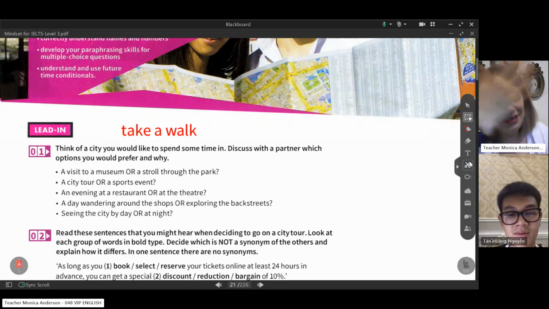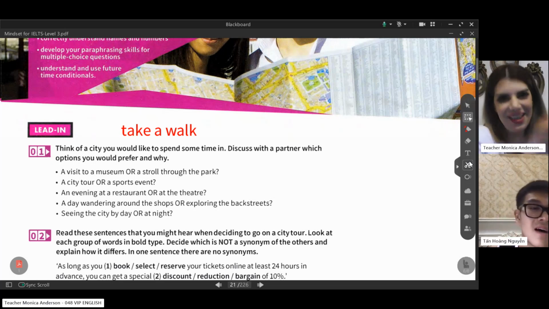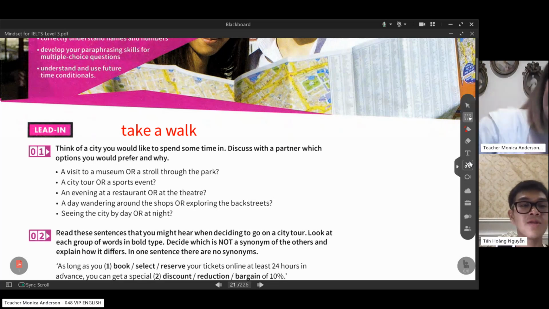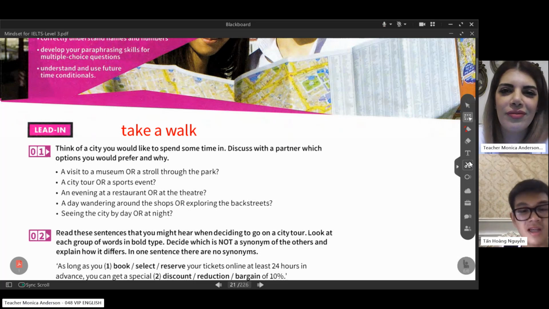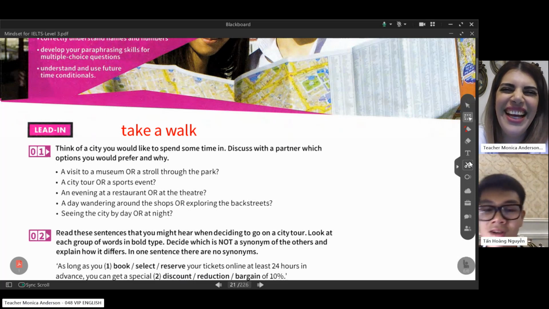Of course, people have different ideas, but a museum is a place for culture, maybe tradition. You have to pay for the price of a ticket just to go through the museum and watch something, maybe not necessary.